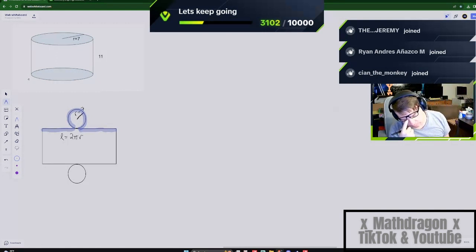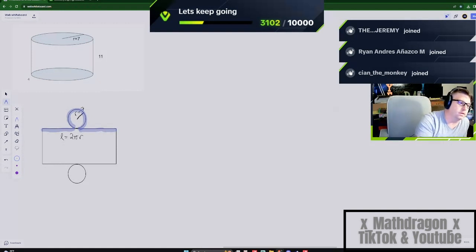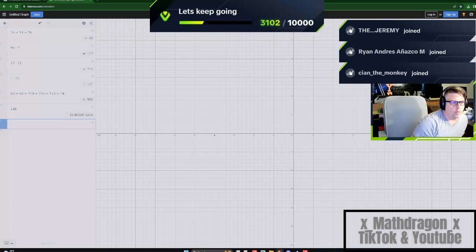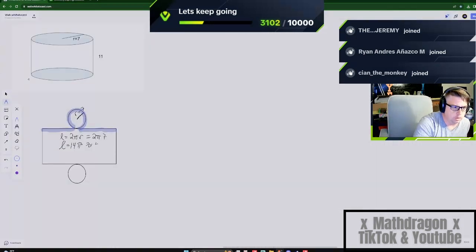The outside perimeter of a circle is what we call circumference, and that's 2 pi r. So this is going to be 2 times pi times 7. So L is going to equal 14 pi, which is equivalent to 43.98. So that's our length.